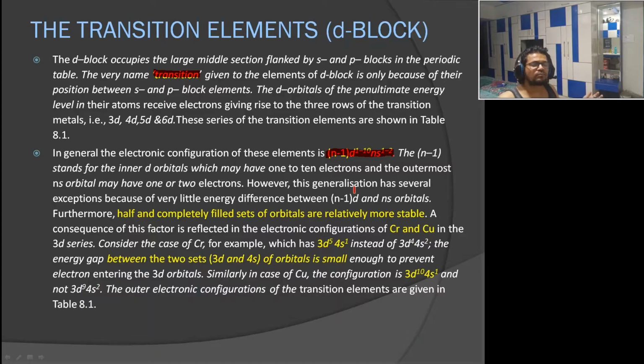But as the orbitals come very close, the difference in their energy level is so small that an electron can violate Aufbau and jump from one orbital to another orbital. So if you see all the 118 elements of the periodic table, you will see there are some 20 to 25 anomalous configurations because of electron nucleus attraction, that's nuclear pull, and electron repulsion.